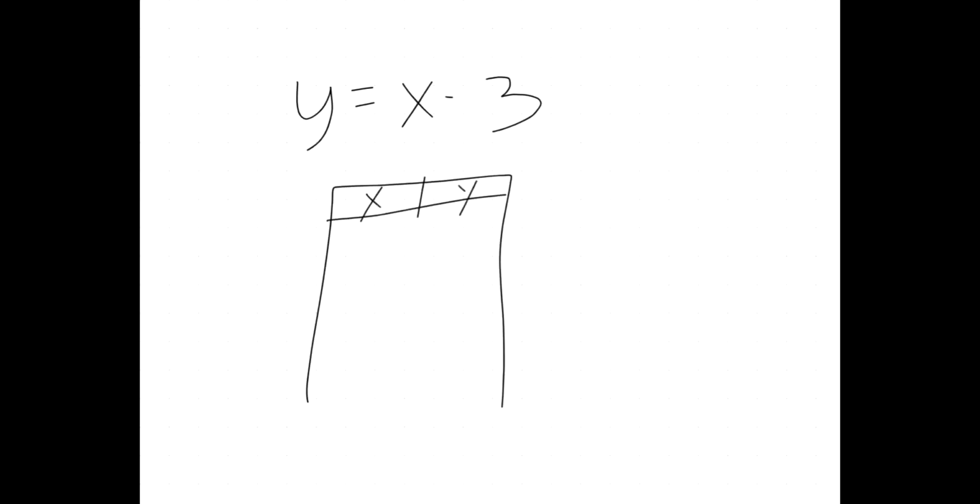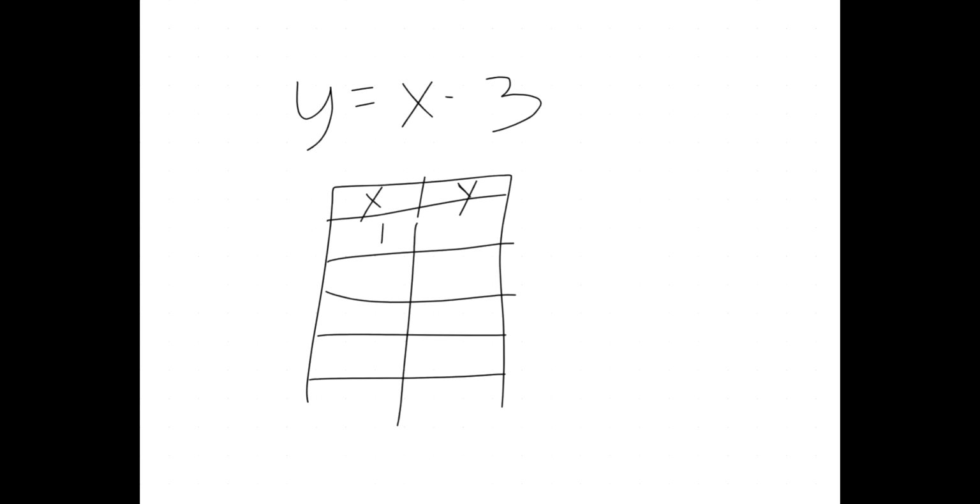Okay, so now we just pick a random number. We're not really experimenting, we're just putting random numbers in. So if x is 1, then what's y? Are you looking at the equation?